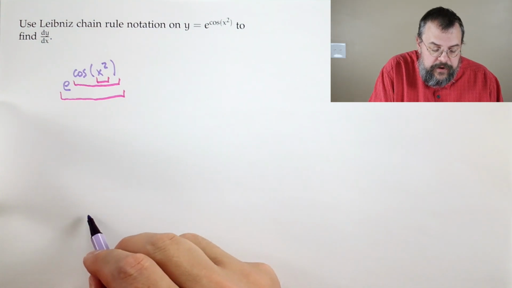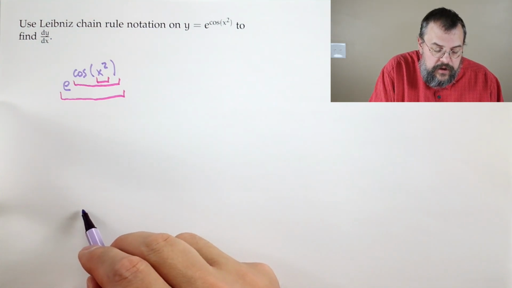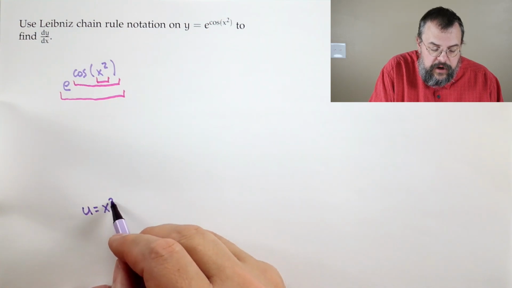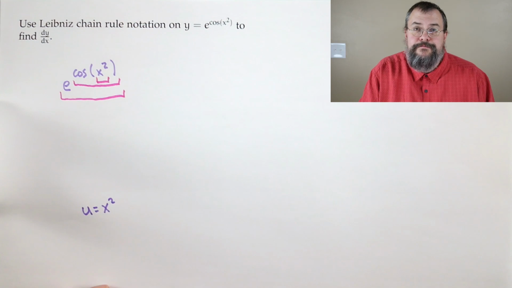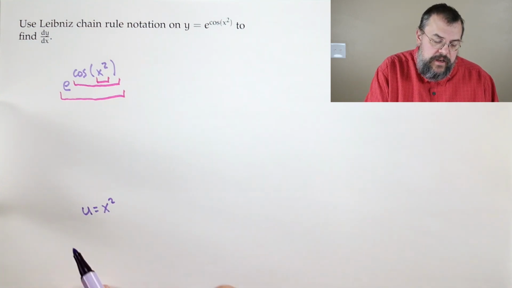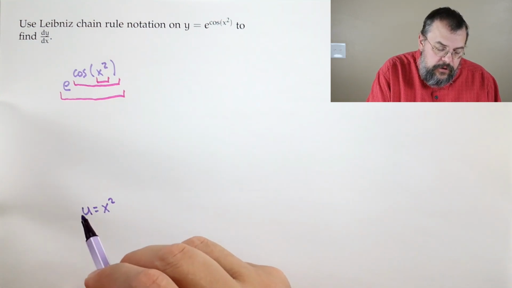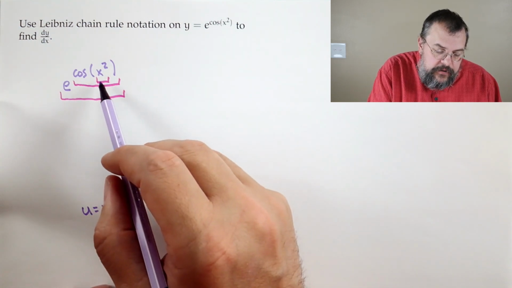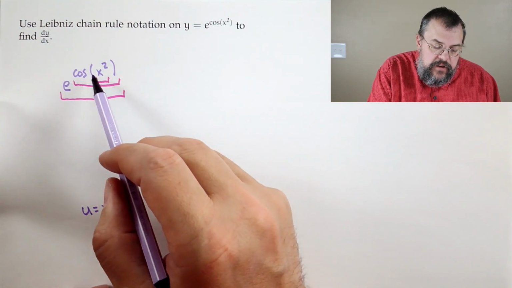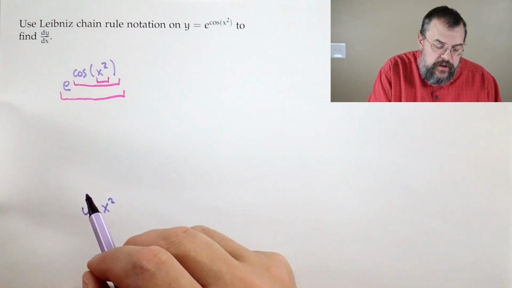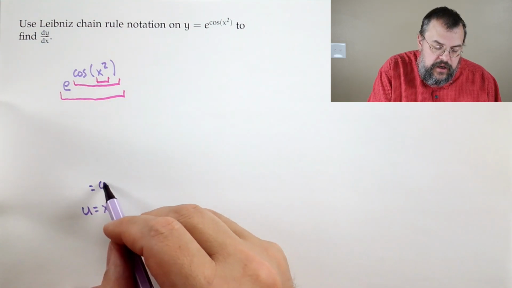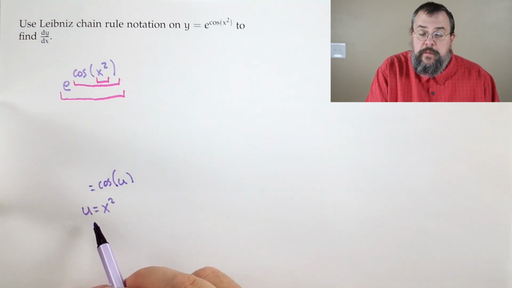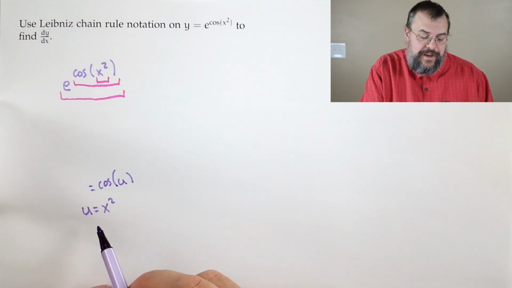So we just have to come up with variable names. Let's say u is our x squared. So this is the innermost function. Now, what's my next layer? My next layer is cosine of x squared, so that's going to be cosine of u, because my bottom layer is x squared.